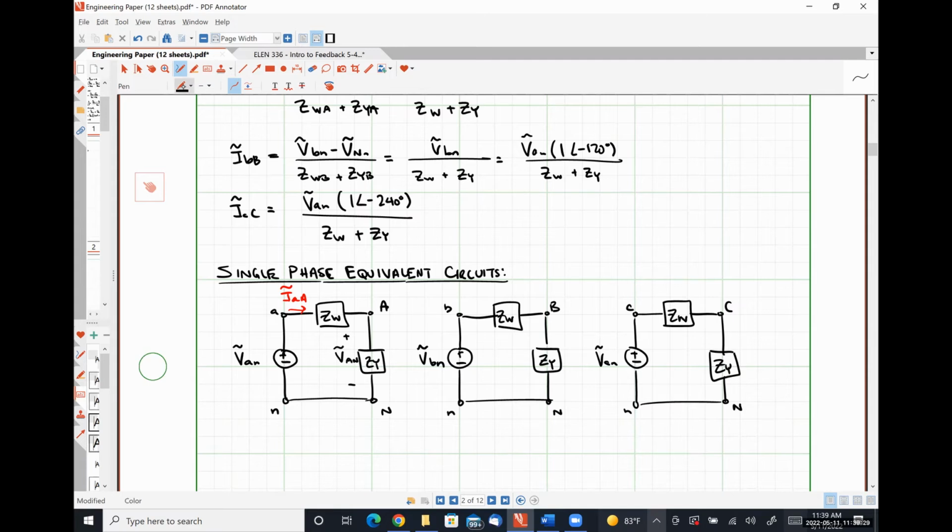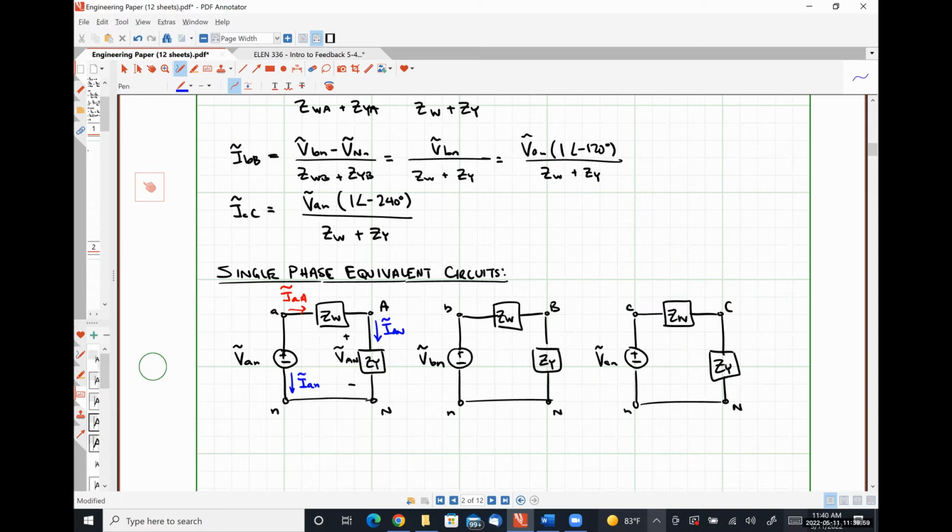We can calculate, trying to remember the same colors that I used last class, but I might be messing this up, our phase currents, IAN, or lowercase IAN, like so. So we can calculate our phase quantities pretty easily.